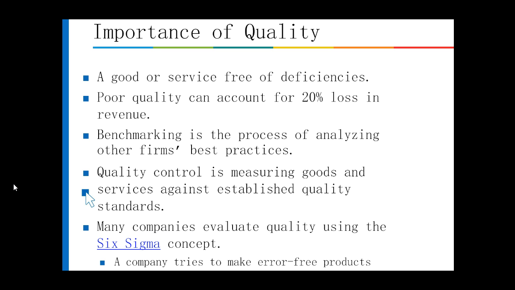So what we want to do is make sure that the goods that we are making available have some kind of established quality standard, and the quality standards can be determined really in part by benchmarking and also by customer surveys and what they actually want to see in a product.